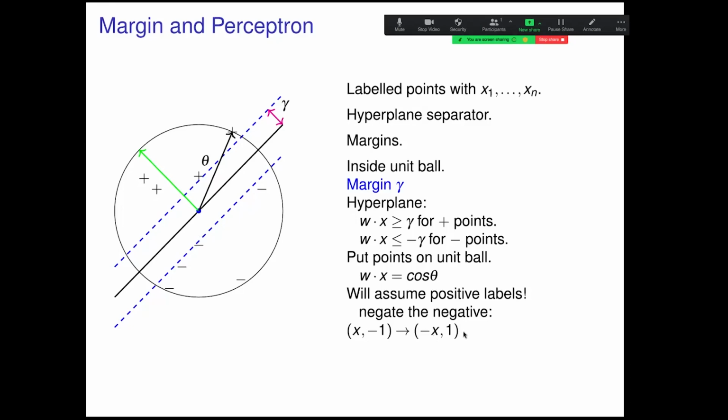If you're doing a dot product, changing a point to the polar opposite makes the dot product negative. So this mapping maps all the negative points up here, and that's good. So we only assume we have positive examples. We're just trying to find a hyperplane where all the points are above it. Okay?